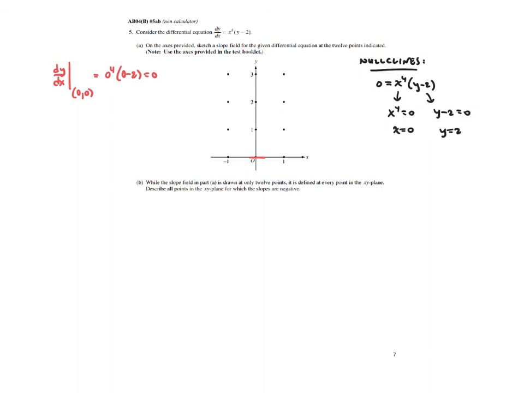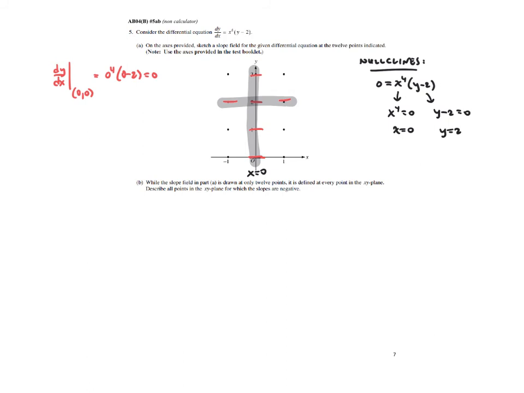Therefore, on the vertical line representing x equals 0, all slopes would be 0. And on the horizontal line y equals 2, all slopes along the horizontal line y equals 2 will equal 0.